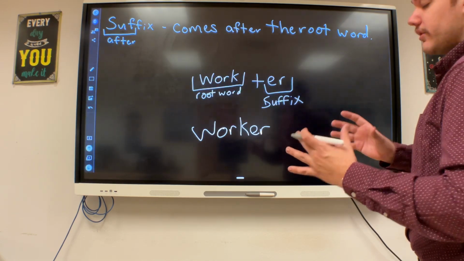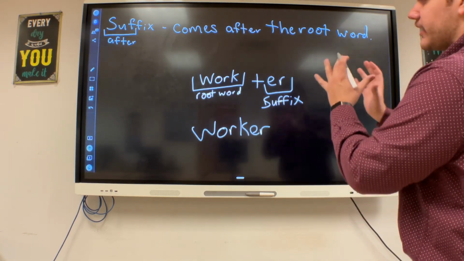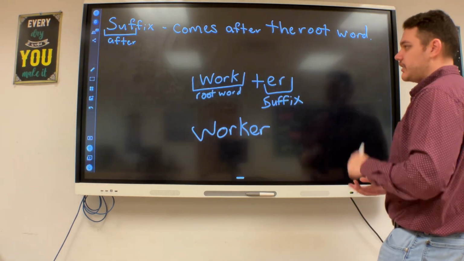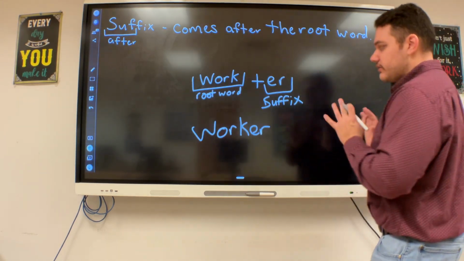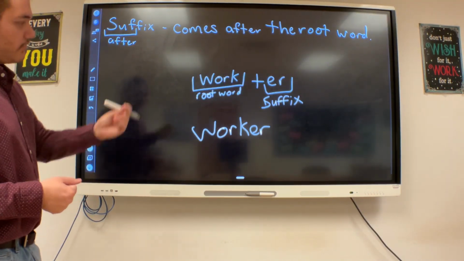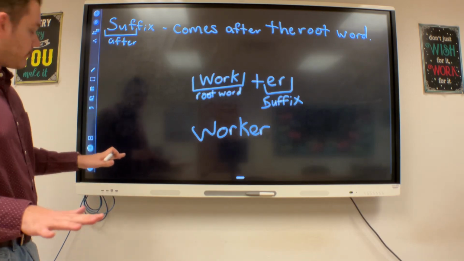There's that root word plus the ER just means somebody who does this. So like I said, worker, builder, teacher, dancer, anything like that. You add the ER, that means a person who does something. So again, two letters, we just change the meaning of the word.